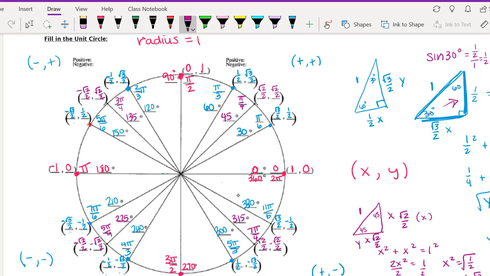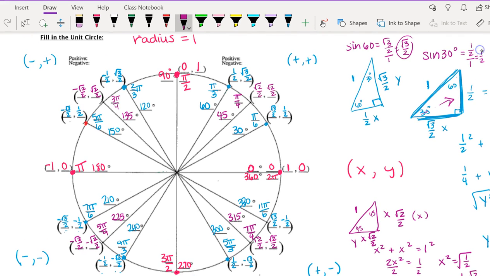If I ask you to look at the sine of 60, the sine of 60 is equal to the root 3 over 2 over 1, which is just equal to the square root of 3 over 2. Both times, if I look at the sine of 30, where do I see 1/2? It's the y coordinate. Where do I see the sine of 60? Square root of 3 over 2.